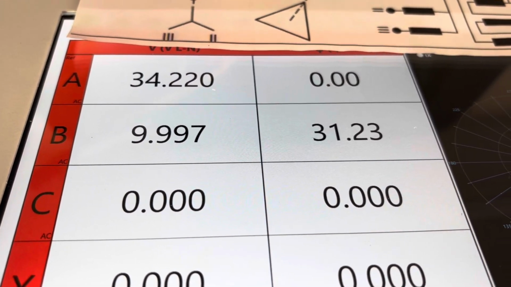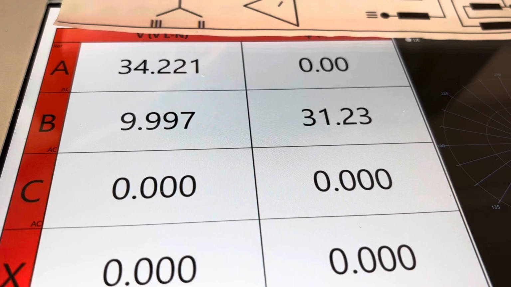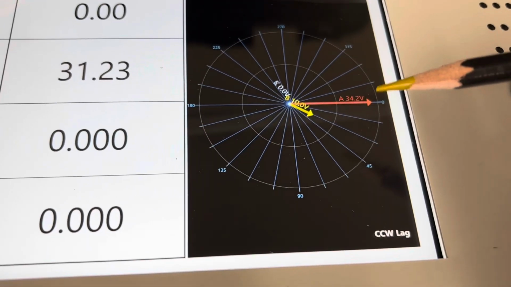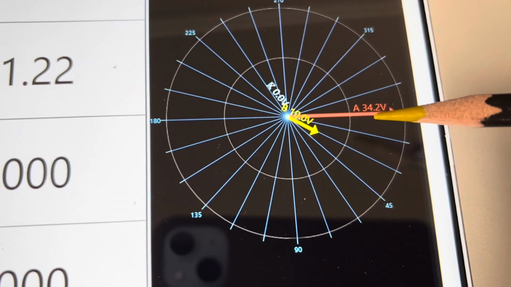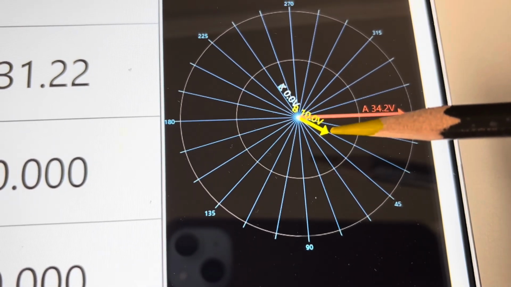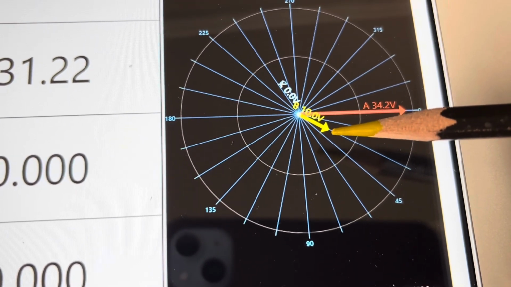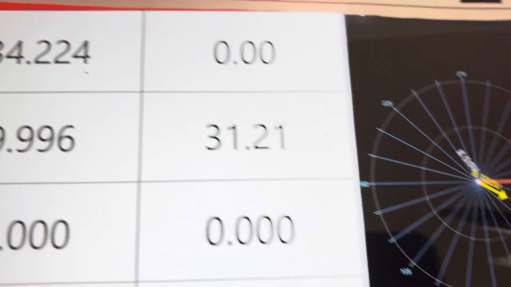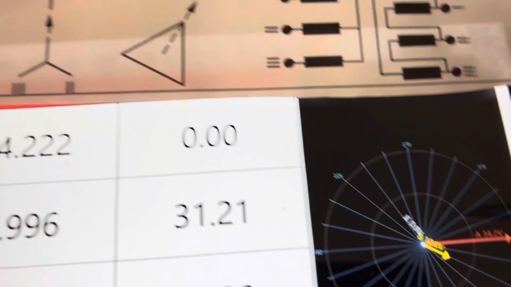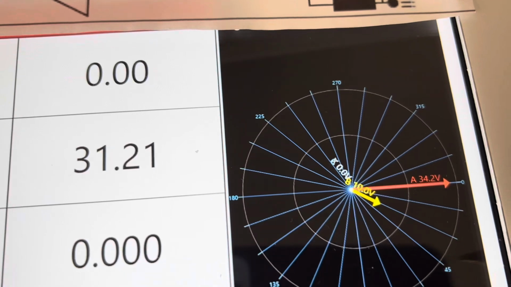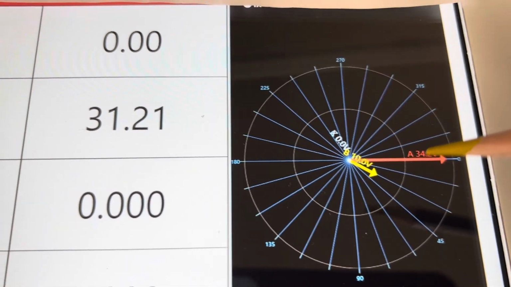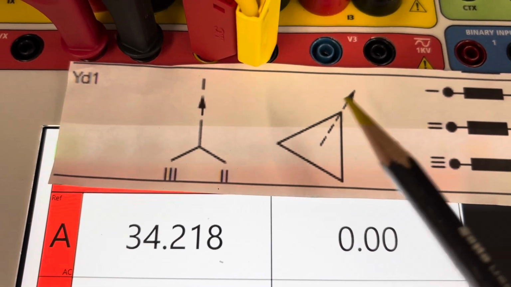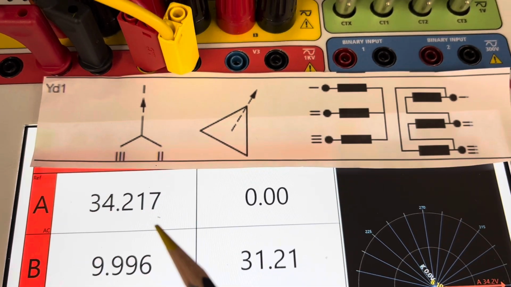So again, phase angle convention here. We're 0 to 360, positive lag. The red arrow is the high side. The yellow is the low side, so H and X. And that matches up with what we're seeing. The low side is lagging the high side by 30 degrees, which is what we are expecting here.